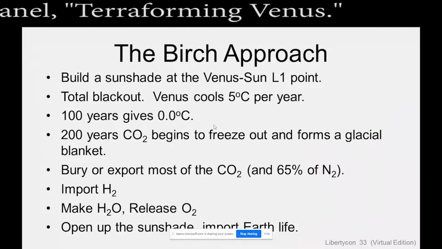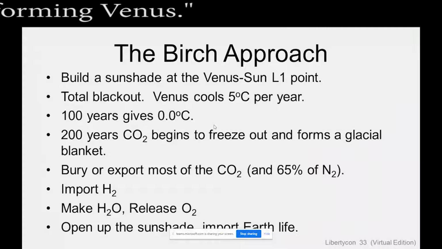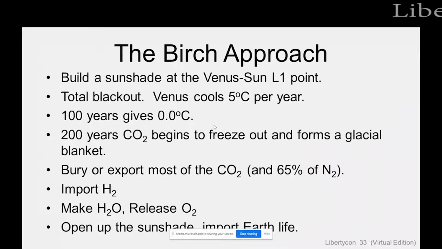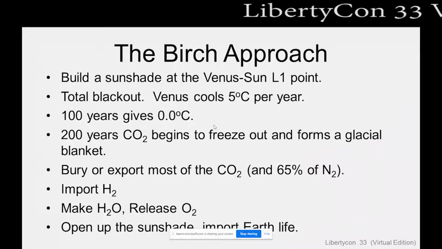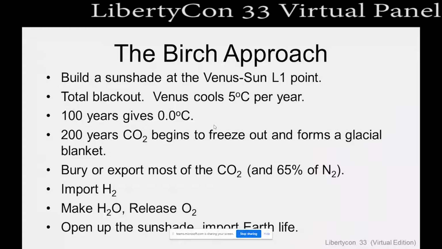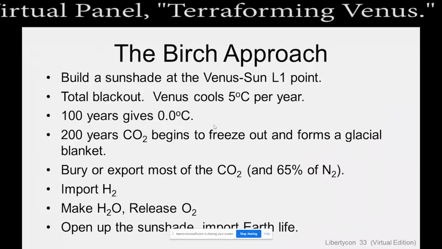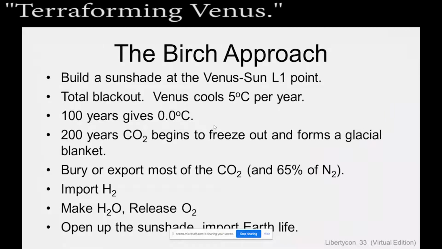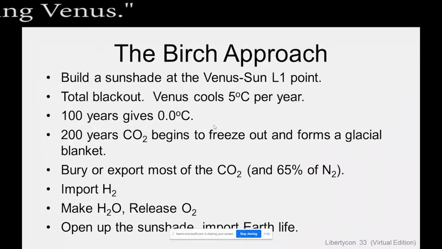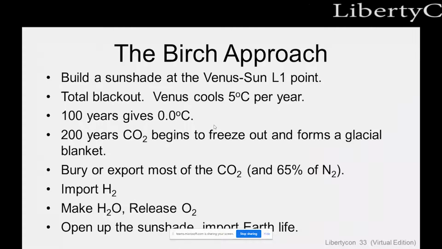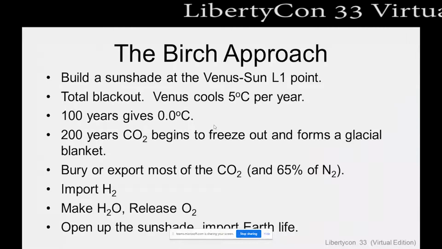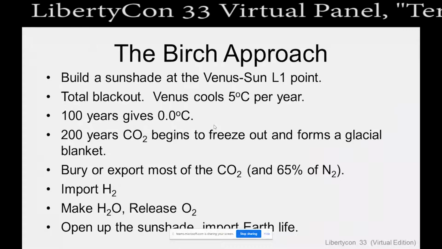And he estimates in 100 years that the planetary gases would be about 0.0 degrees C. In other words, water would begin to freeze out. In 200 years after that, it's actually cold enough where CO2 begins to solidify and freeze out and fall to the surface. So that creates a big blanket of solid CO2 on the surface of the planet that you're going to have to deal with at that point.